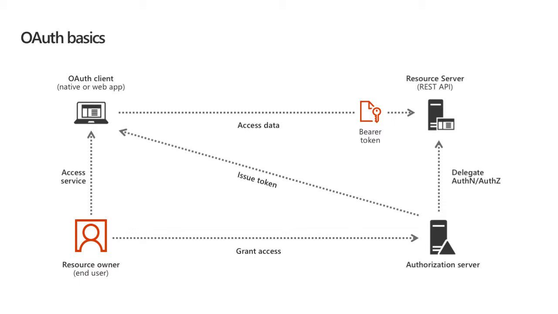That access token from Azure AD then gives me the ability to call the different resources and endpoints that I requested when I authenticated. The key point here, though, is that my native application is never going to get the credentials of the user that's using the app.